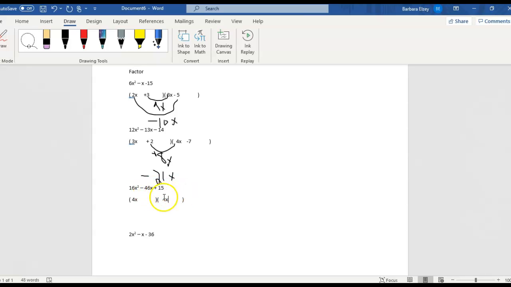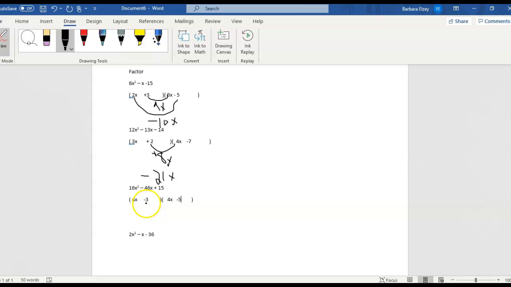All right, now 15, we normally think of 3 and 5. We need it to add to negatives though, so that really means we need a negative 3 and a negative 5. So let's put both of those there, and let's check it.